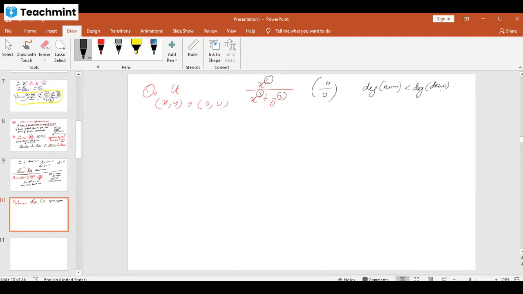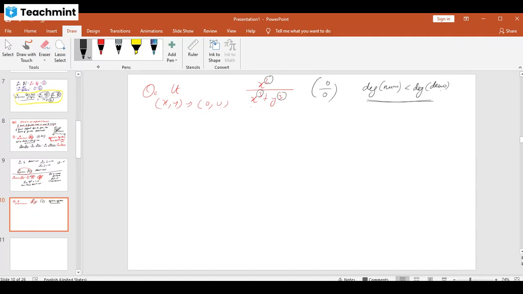In that case, we simply need to prove that the limit of the function does not exist. That means we'll try to identify a path where the limit of the function does not exist. The simple way is to make the denominator function homogeneous. Already we find that the power of x and y is the same.